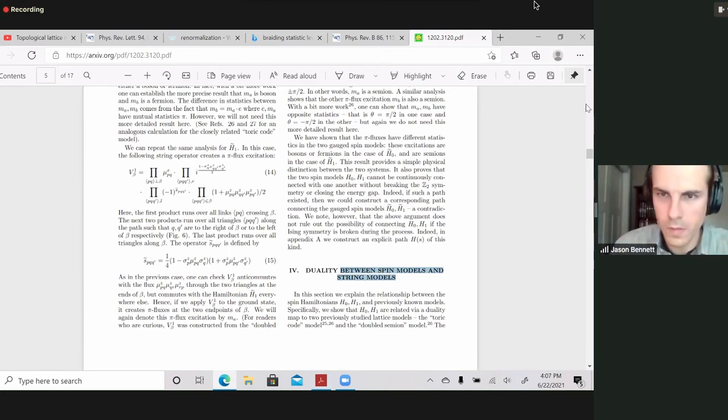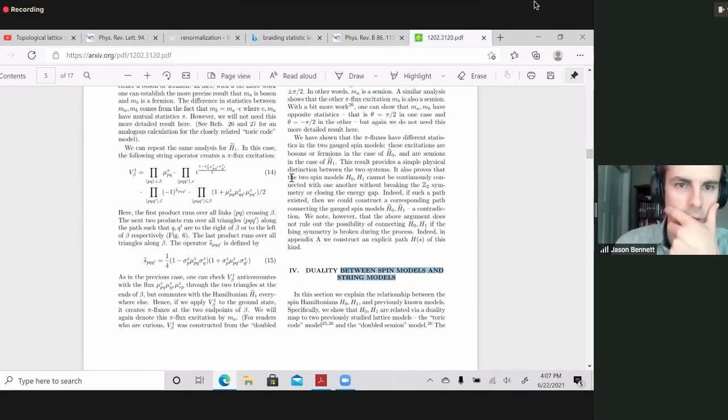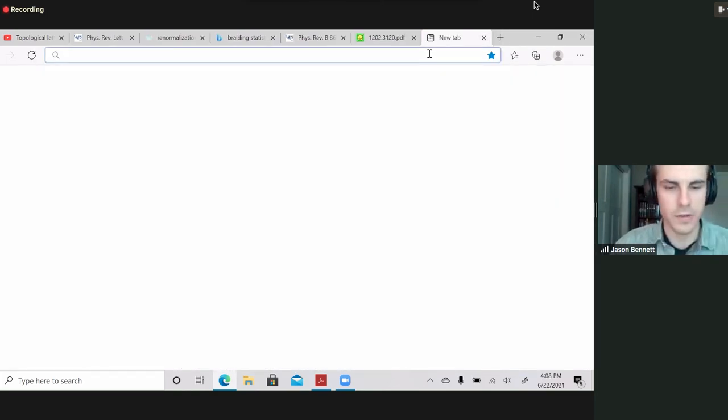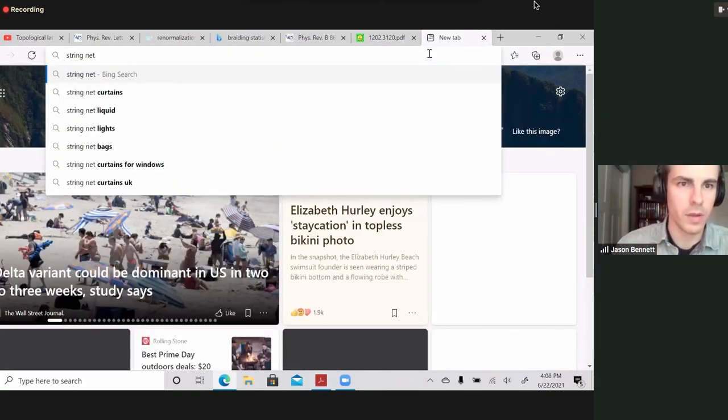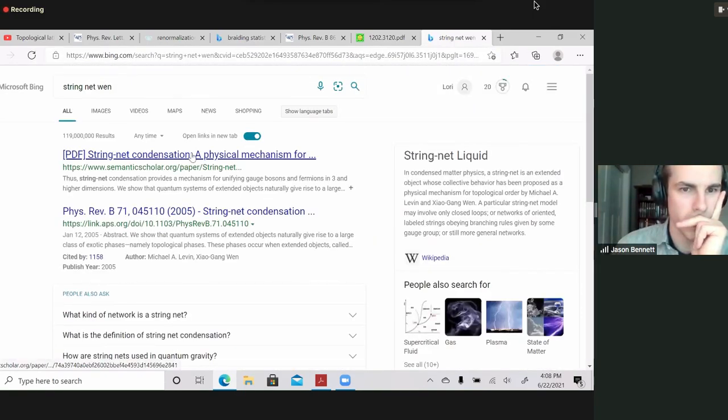And using this correspondence, they can map the spin model to a dual string model. So maybe thinking about things in this way, like string-net. Okay, yeah, thank you.